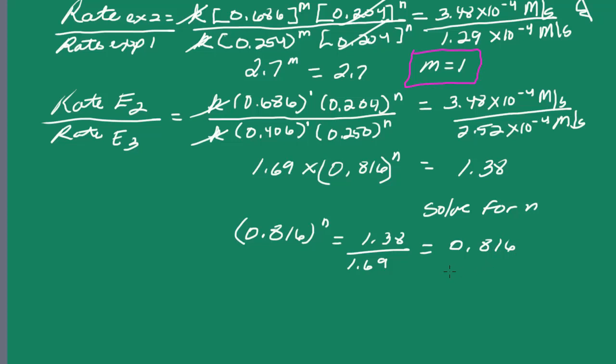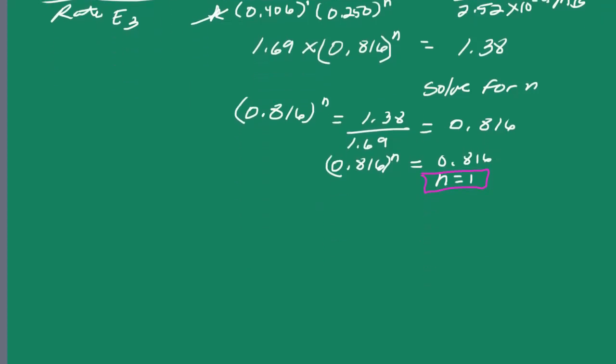Okay, so now what we have is 0.816 to the n power is equal to 0.816. N must be equal to 1. So n is equal to 1. So now I can write my rate law, and that takes care of part A in the problem.